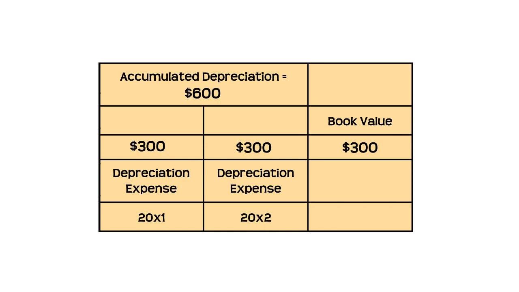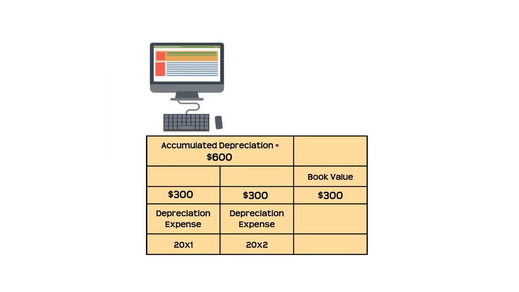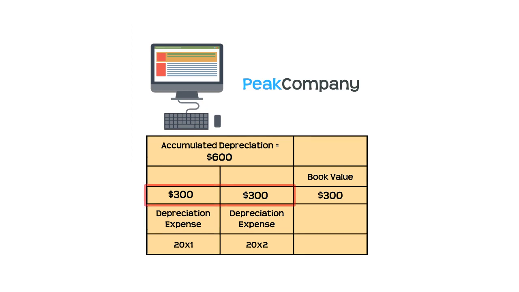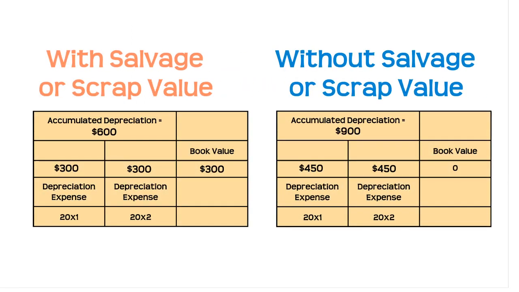Look at this illustration. If the equipment of Peak Company has its useful life ended, the computer equipment will still have an estimated value of $300. When compared to an asset without a salvage value, the accumulated depreciation will offset the total amount of that asset.